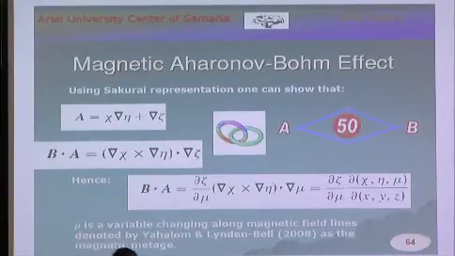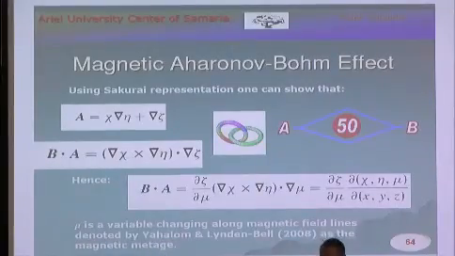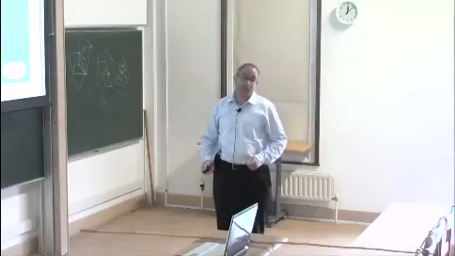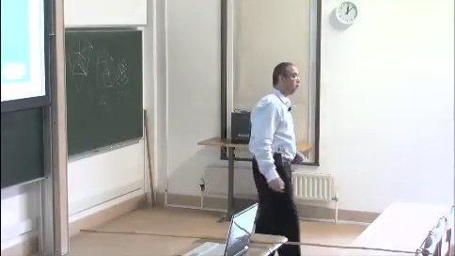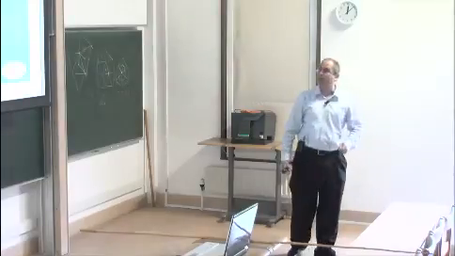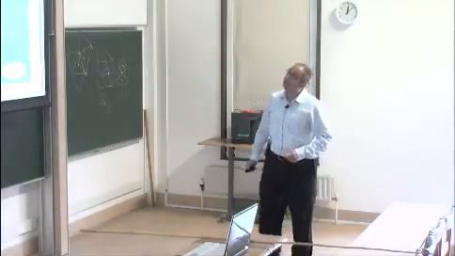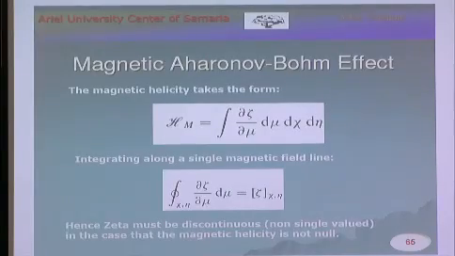So you have this form. Now plug it into the integral and use the well-known properties of the Jacobian, and you get this expression for the magnetic helicity.